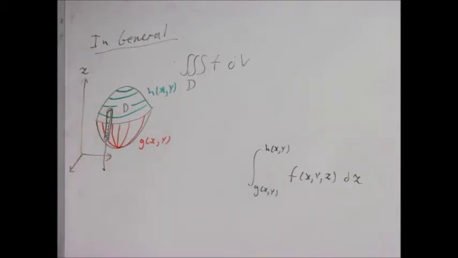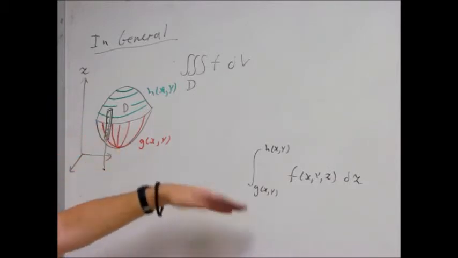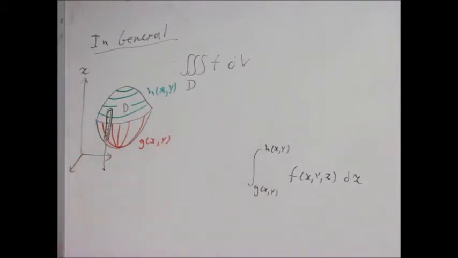So this is the first part. We're going to be adding these up. When you're fixing the bounds, you want to see first where it enters and where it exits. Well, it enters at the bottom surface g and exits at the top h for a given point x, y. After this given point, there's going to be a small region. And then, once you integrate this, you want to add up all these little things.